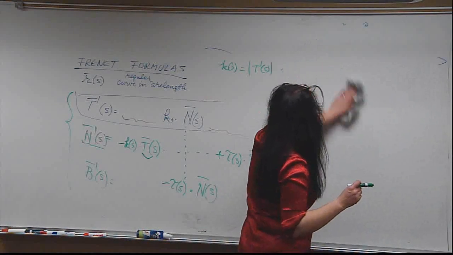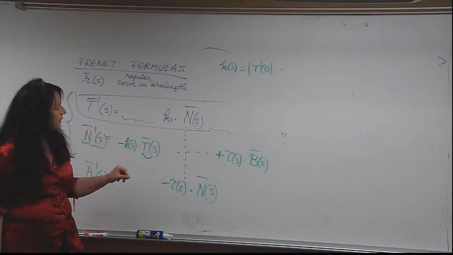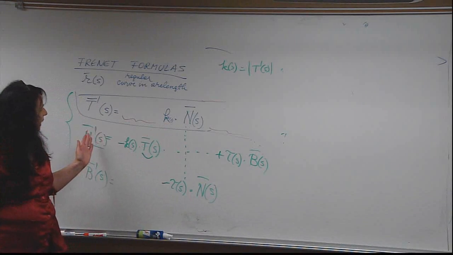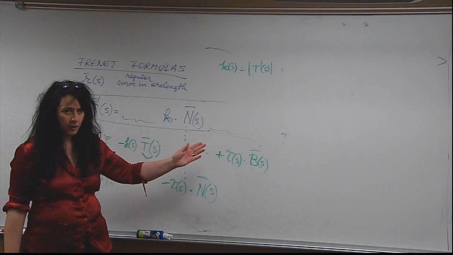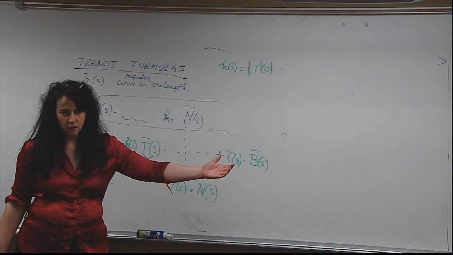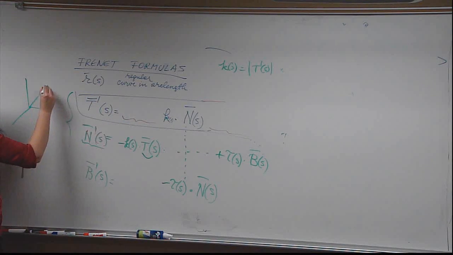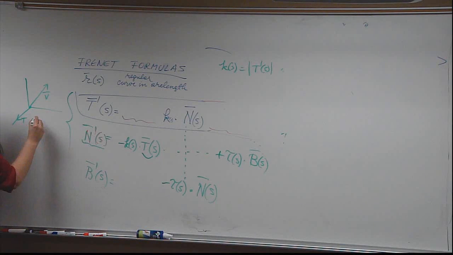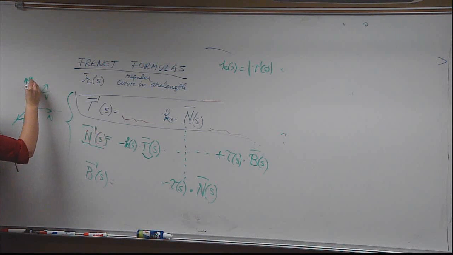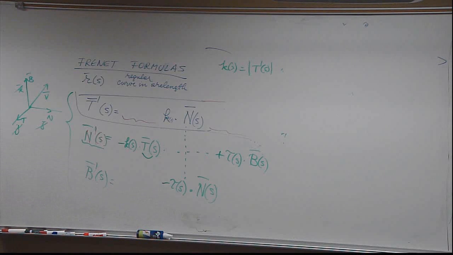Now, is it hard to memorize these? No, I memorize them easily based on the fact that everything looks like a decomposition. A decomposition of a vector in terms of T, N, and B. So in my mind, I take any vector I want, V, and this is T, this is N, and this is B, just the way it was I, J, K. Instead of I I have T, instead of J I have N, instead of K I have B. They are still unit vectors.